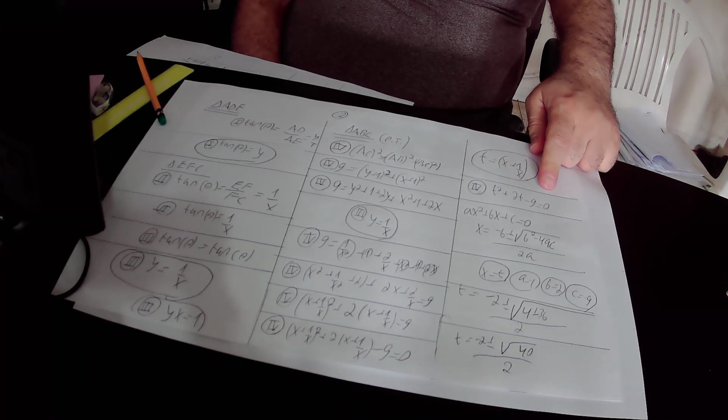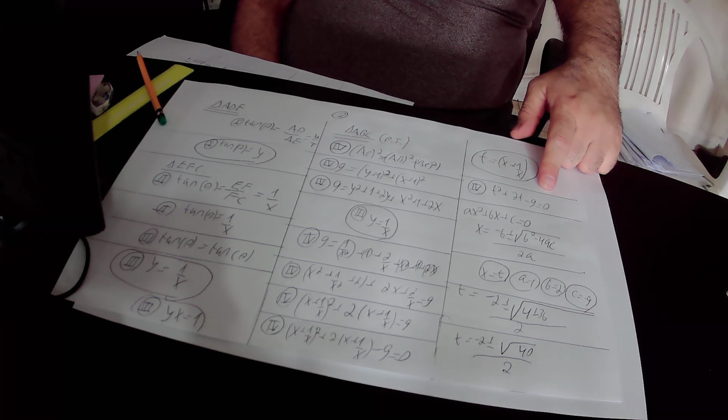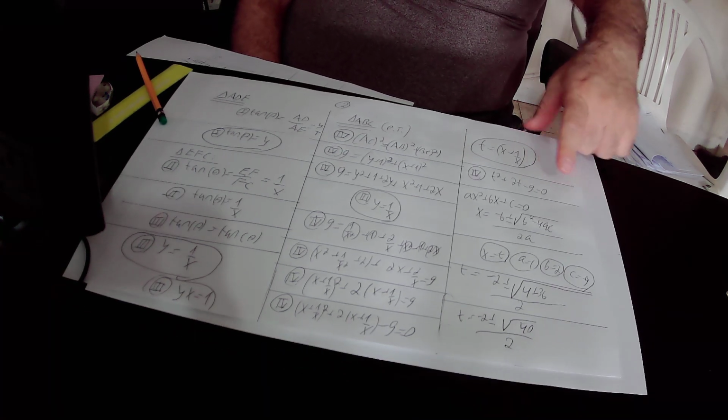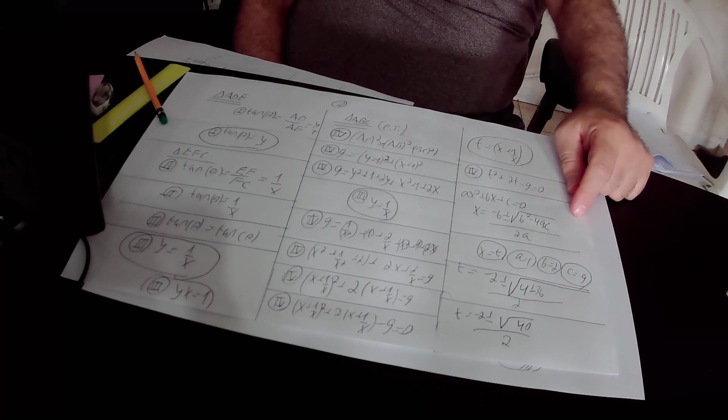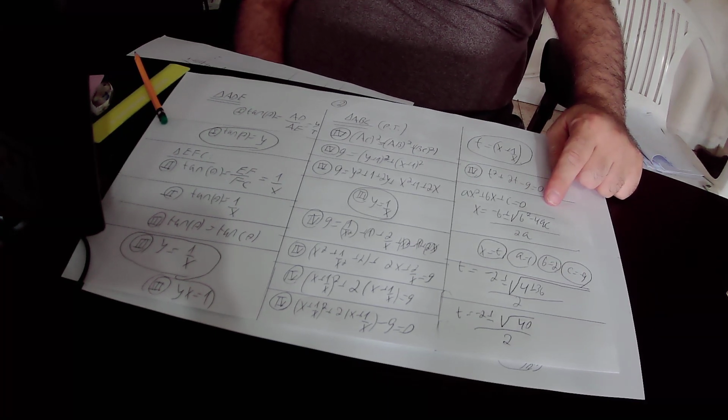So we got here a quadratic equation, and the general form of a quadratic equation is ax squared plus bx plus c equals 0. Here a, b, and c are the coefficients of the quadratic equation, and x is the variable that we are looking for, and we will find the value of x according to a special formula.